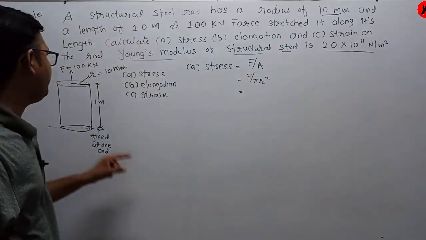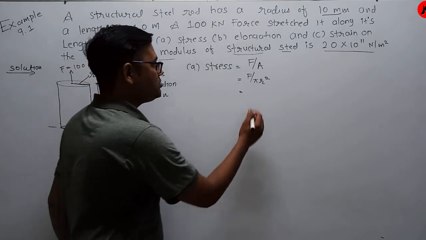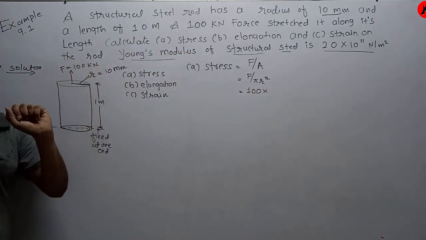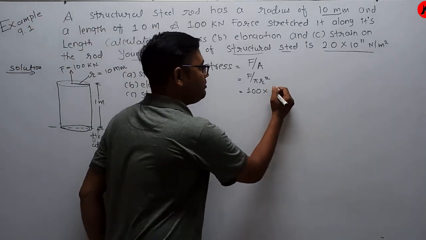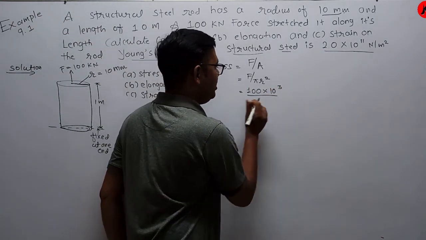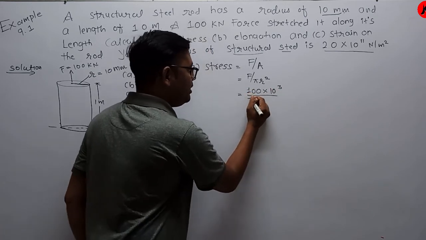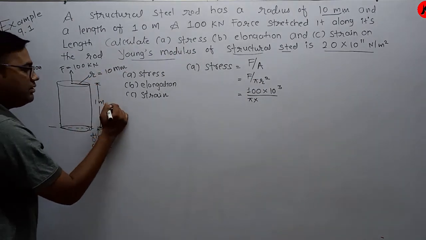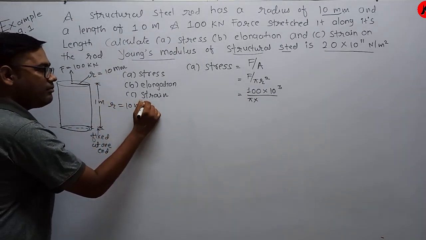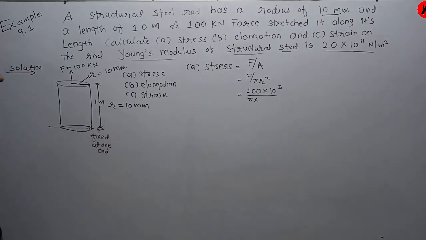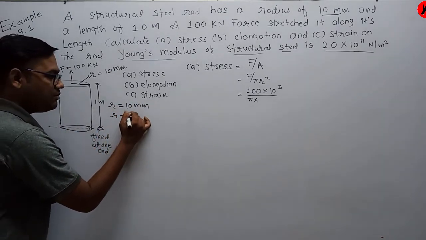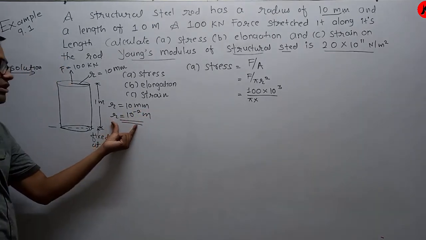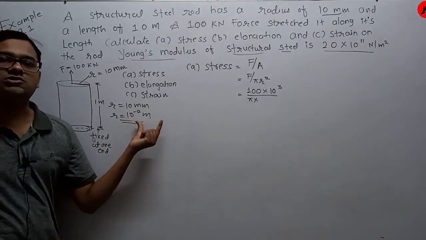So here the value of F is 100 kilonewton. The value is given in kilonewton, and if we convert to Newton, it becomes 100 into 10 raised to 3 Newton divided by pi into r square. The radius of the steel rod is given as 10 mm, but I want it in meter. If we convert to meter, it becomes 10 raised to minus 2 meter.